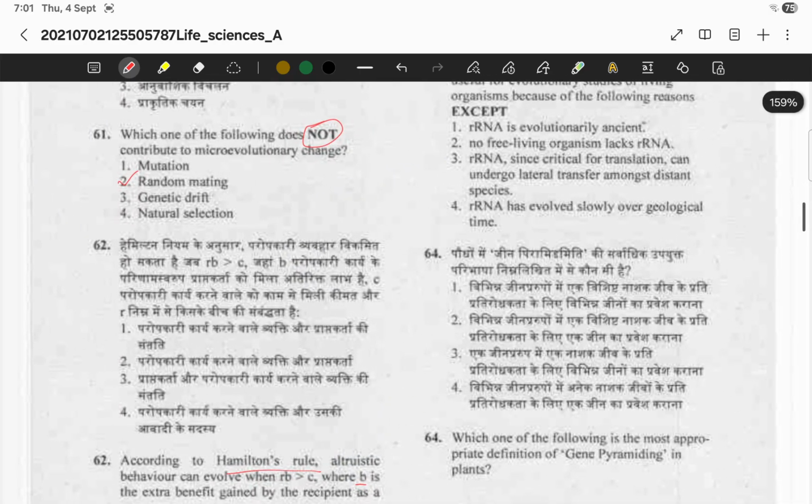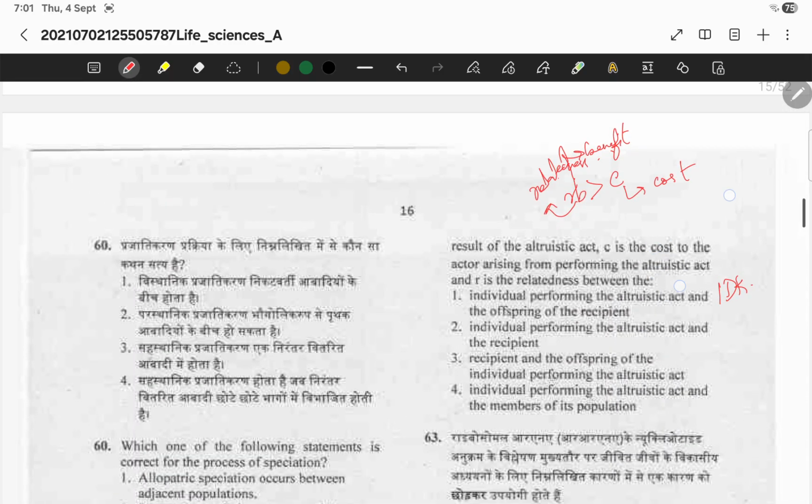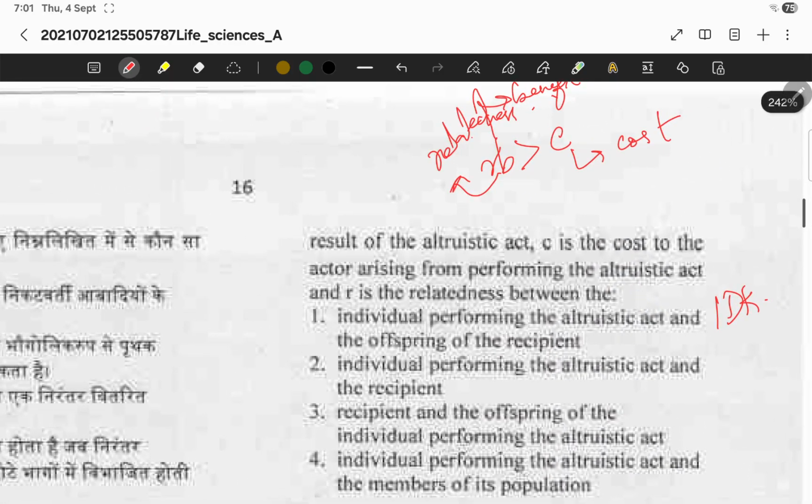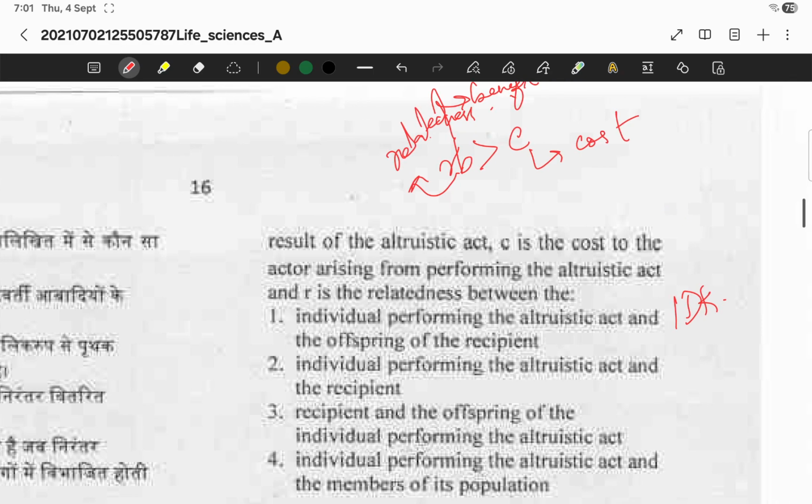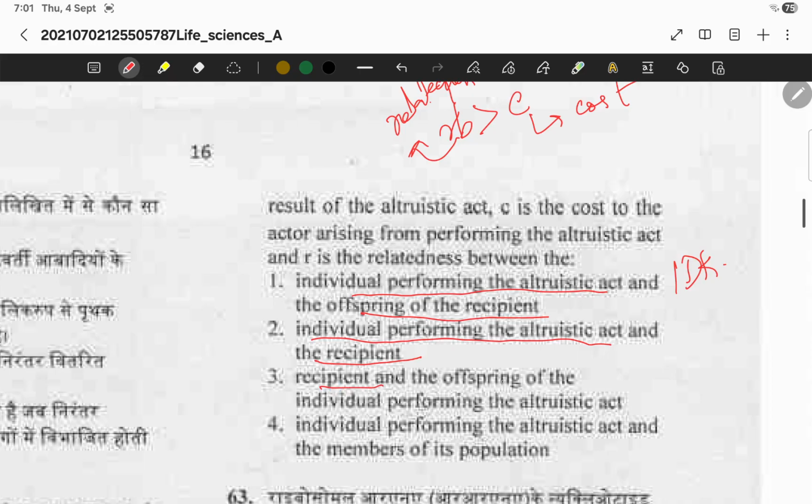Once again, what is the question? According to this. Okay. The altruistic act and R is a relatedness between the individual performing the altruistic act and the offspring of the recipient. Individual performing the altruistic act and the recipient, and the offspring of the individual performing.